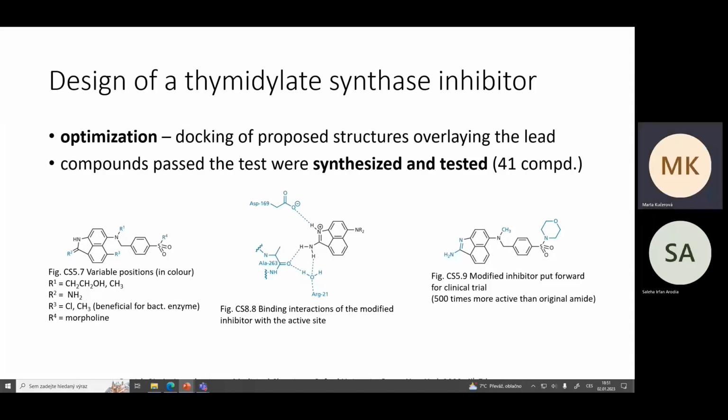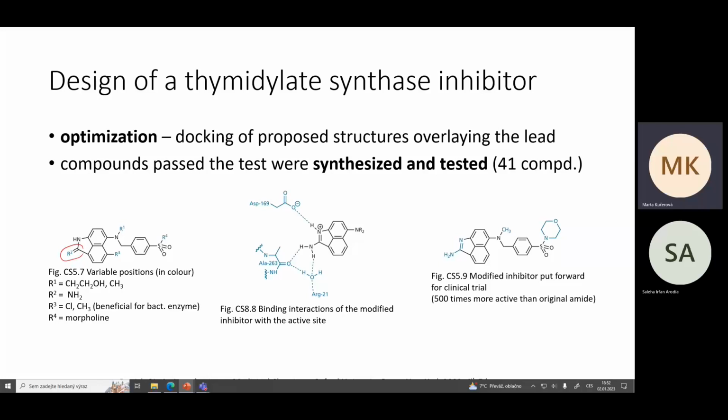There was modification on the lactame part of the structure, but also other substitution places, and it was docked into the thymidylate synthetase.